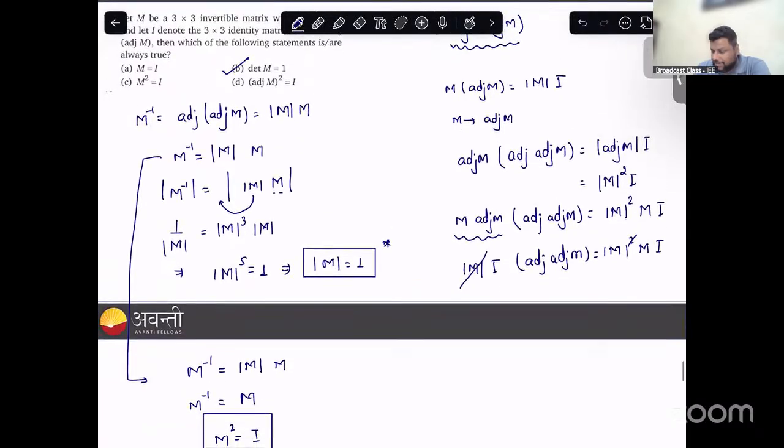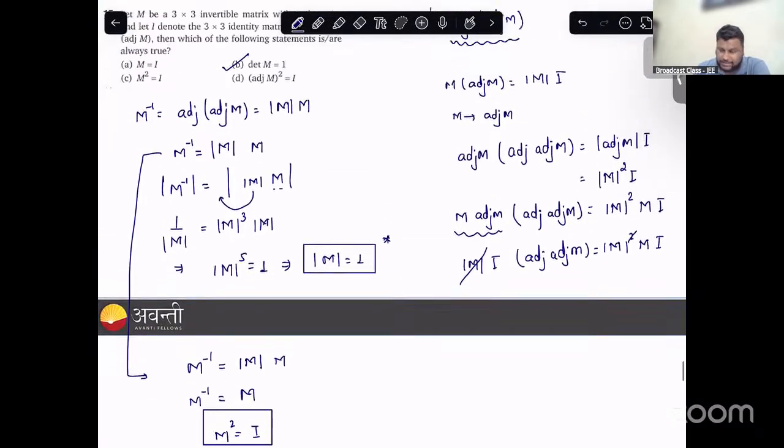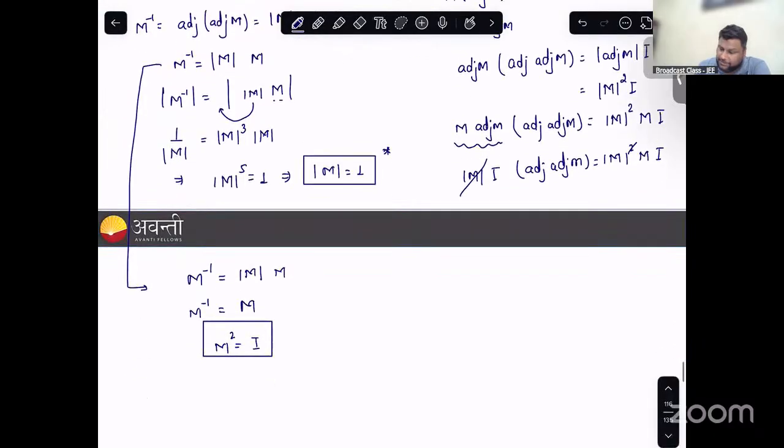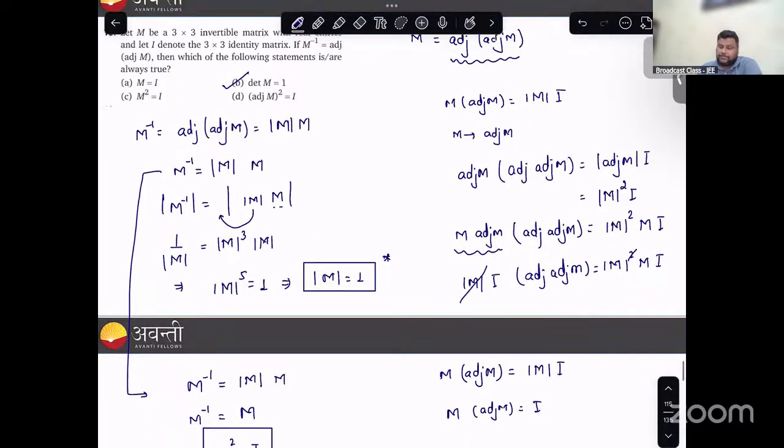Now, adjoint of M square they are talking about. See, M into adjoint of M is equal to determinant of M into I. Determinant of M, I got 1. That means M into adjoint of M is equal to identity matrix. Yes or no?